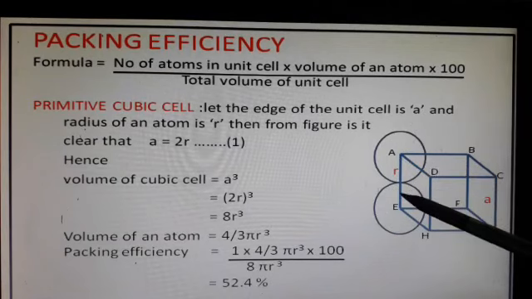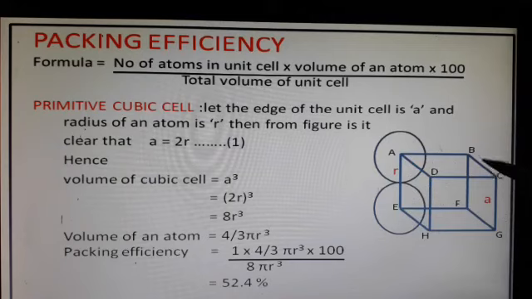One corner, two corners, 3, 4, 5, 6, 7, total 8 corners are there. So 8 atoms, 1, 2, 3, 4, 5, 6, 7, 8. 8 atoms will be present in corners.